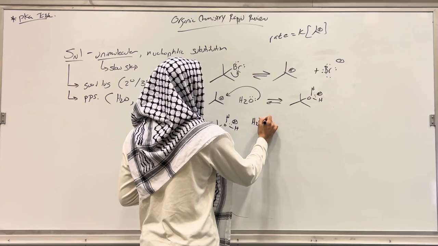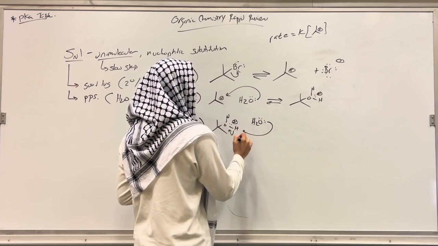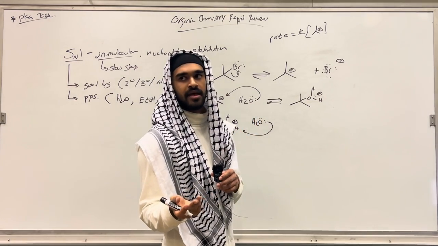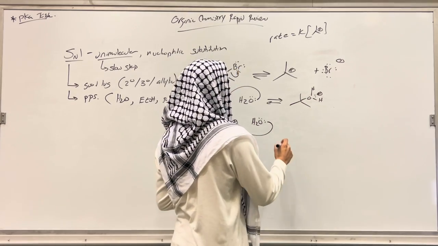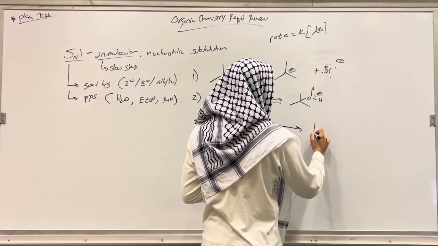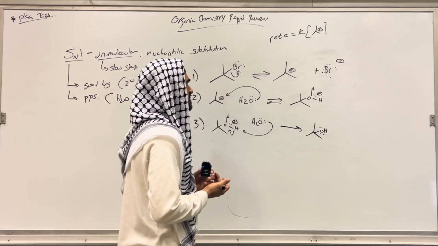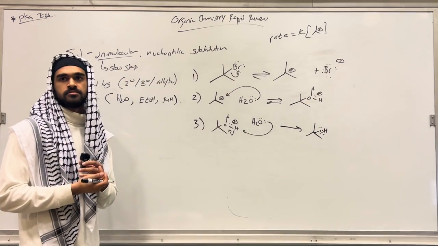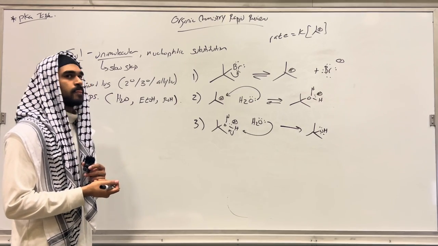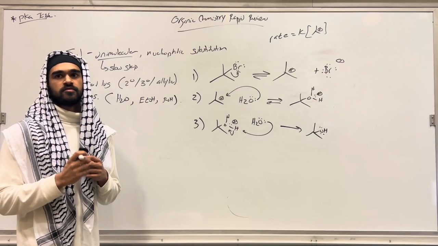Another solvent molecule. Why not the Br? Because the solvent is in excess. It is in excess. Classic SN1 reaction. What's one way I could increase the rate of this reaction?